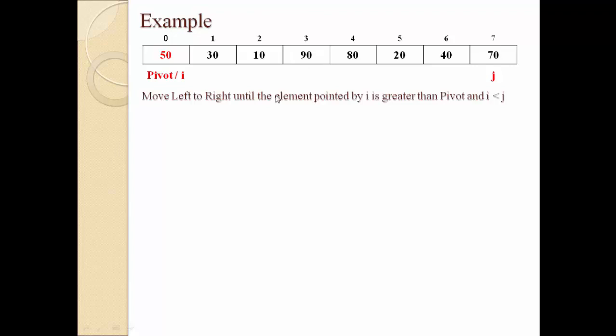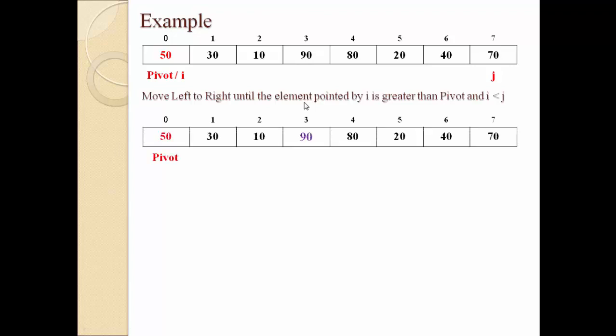Yes, 90 is larger than the pivot element, so we stop there. So the last value of i is equal to 3, and this is the value which is larger than the pivot element. Again, I am repeating: we move from left to right, increase the value of i every time, and identify the number which is larger than the pivot element.